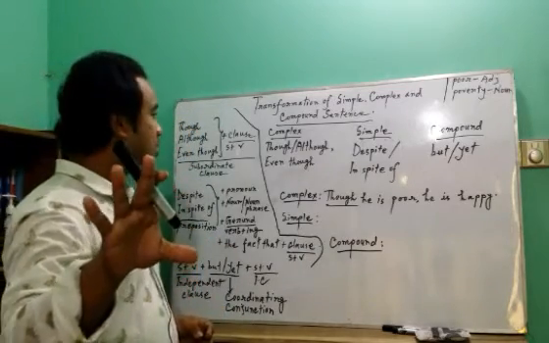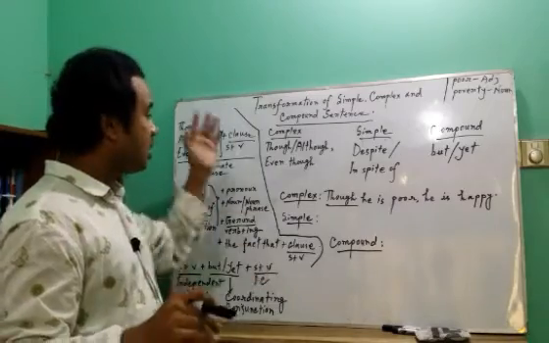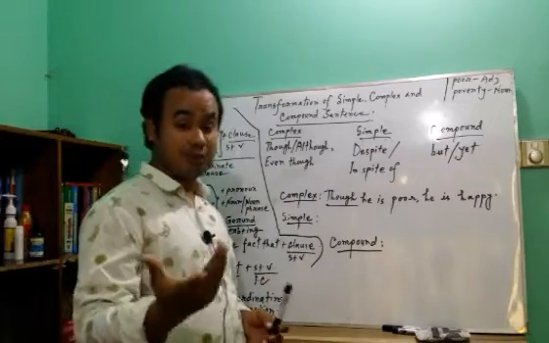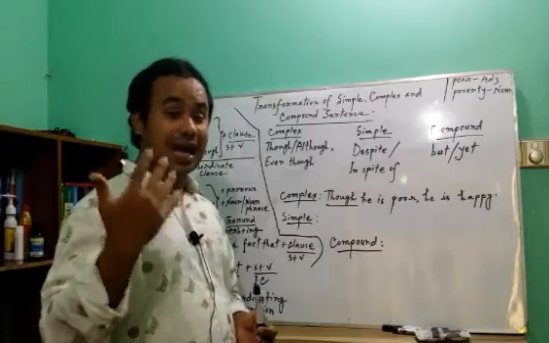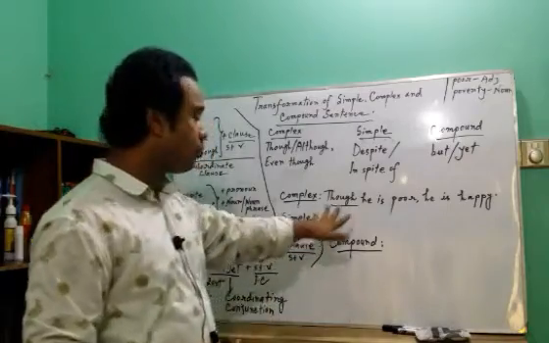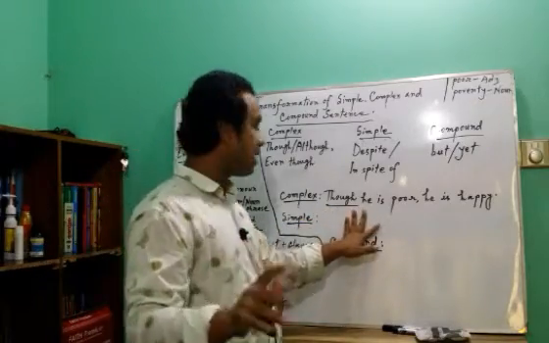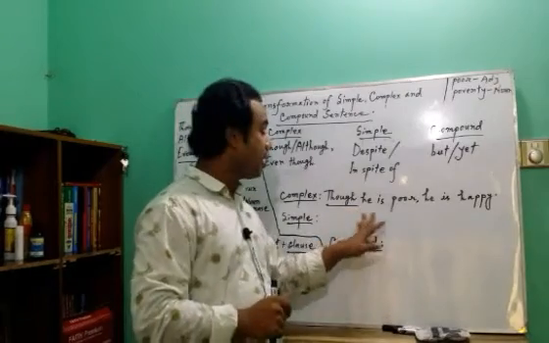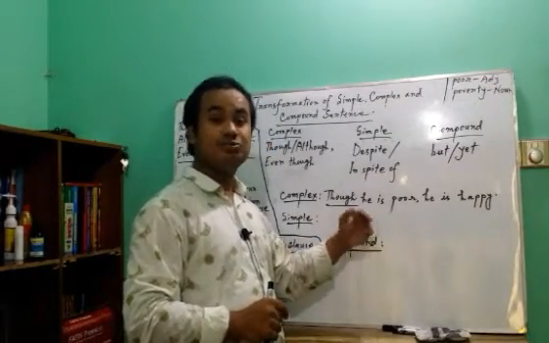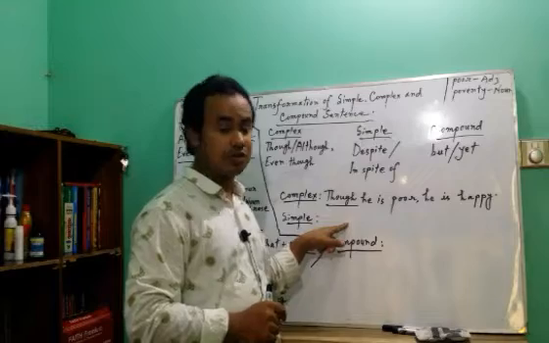Okay, now I've told you what transformation is. Now let's talk about complex sentence, how you can identify a complex sentence. A complex sentence must include a subordinating conjunction that introduces the subordinate clause.